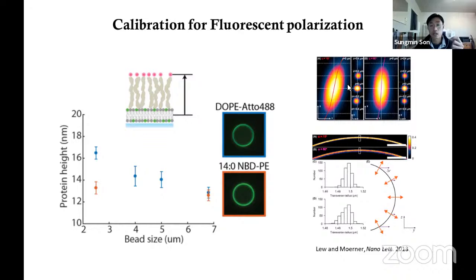Because of this, in some applications, polarization of the dye is something we have to consider. And this polarization becomes more extreme as the curvature of your bead or cell becomes smaller and smaller. So we are seeing a weird increasing height measurement here. But as long as you choose a fluorophore that is not polarizing, this curvature shouldn't have an effect, and the height measurement should always be consistent regardless of that.